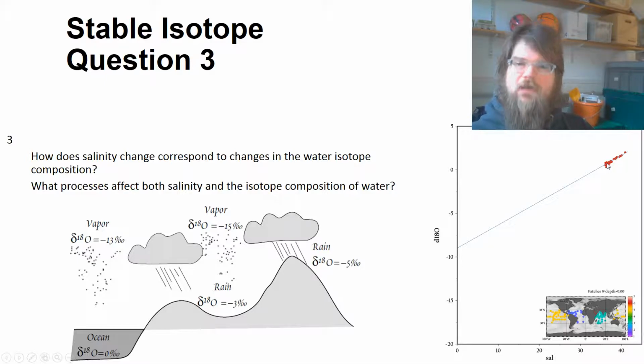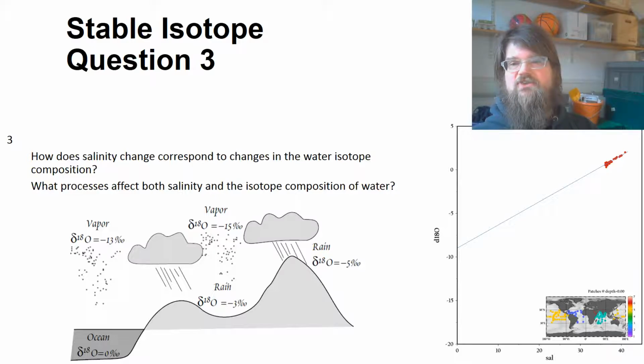Now, this figure shows some data from the Red Sea, which is a very hot place where effectively only evaporation is happening. The process of evaporation increases the salinity and also enriches the water that's left behind in the heavier isotopes. That leads to this array up here, because we're effectively taking water of this composition and removing water that has a salinity of 0 and a delta 18O of -9.